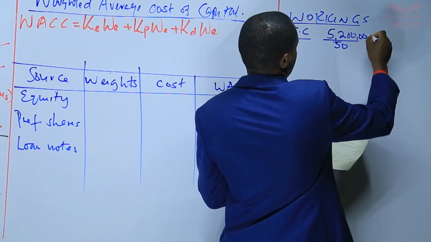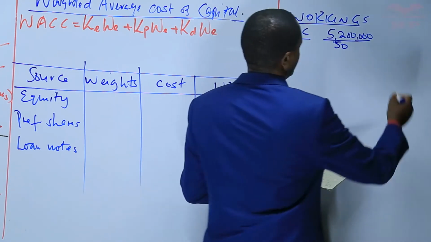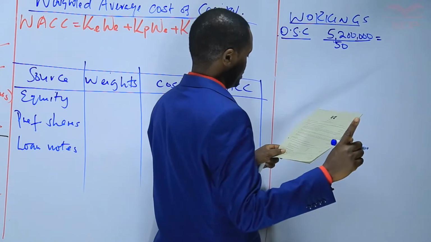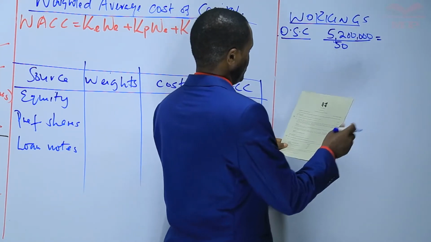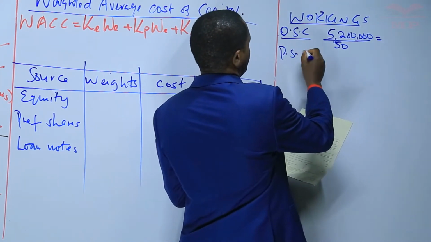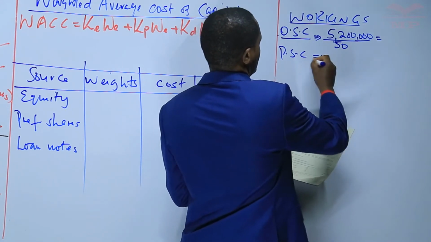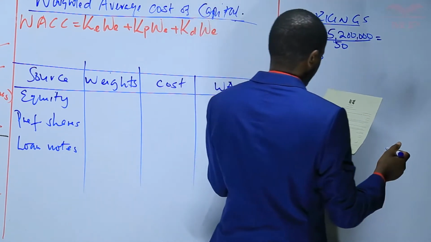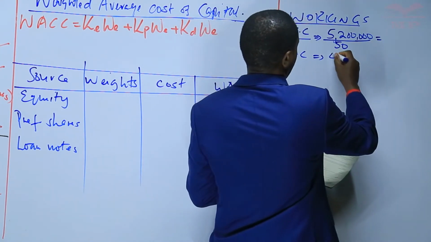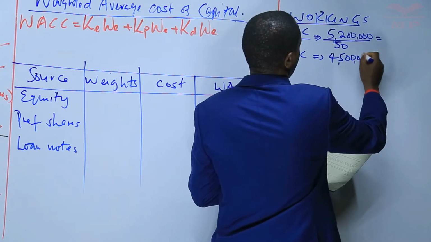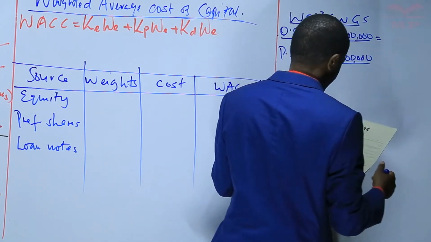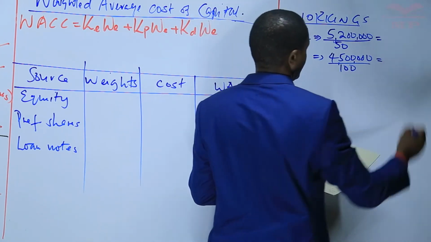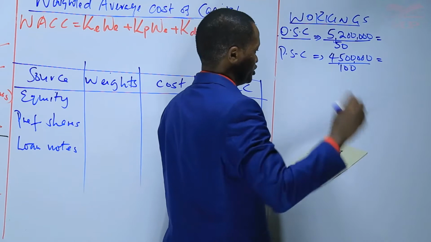These are thousands. This will give us the number of shares. The same thing will apply for preference share capital. We divide the nominal value of 4.5 million by the par value of a preference share of 100 shillings.